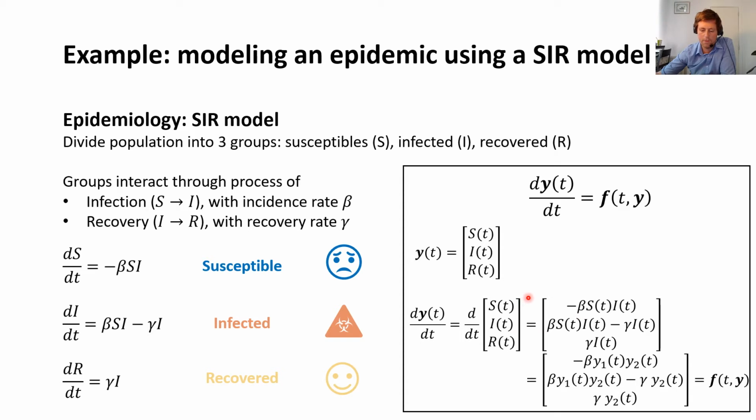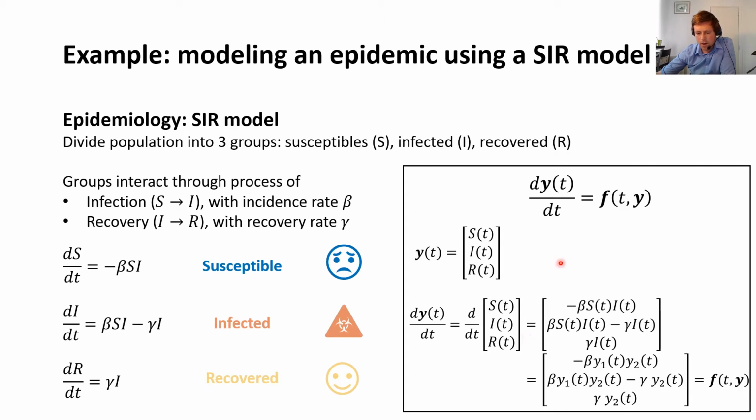So the derivative of s is minus beta s times I. The derivative of I is beta s I minus gamma I. And the derivative of r is gamma I. And then we can look at which components of y this corresponds to.